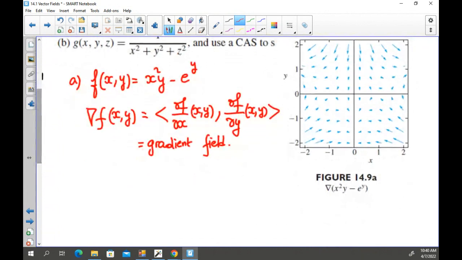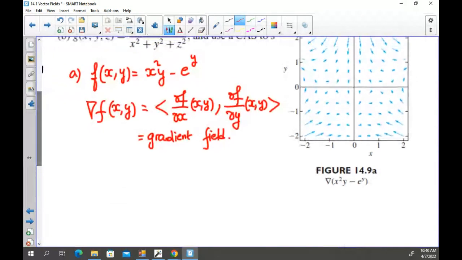So, yeah. So what will it be here? What will be the gradient of this function f? So it's going to give us 2xy for the first component.